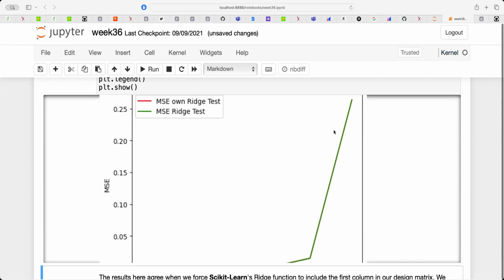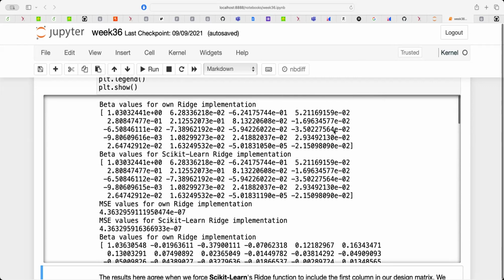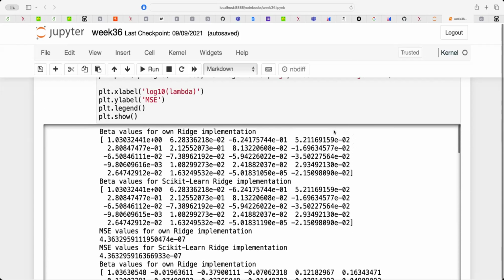Now, one thing which is useful to look at is to print out the values. So take a look now at the values. In the beginning, I have a lambda which is close to 10 to the minus 4. And you see now that the beta values, I have 20 of them. The first one is the intercept. And you see all the other ones are pretty small. So in a sense, when you include the intercept, that is something which can be larger than the other quantities.